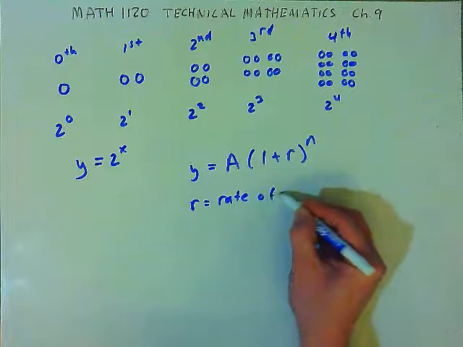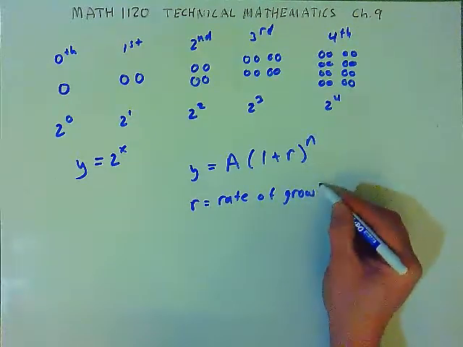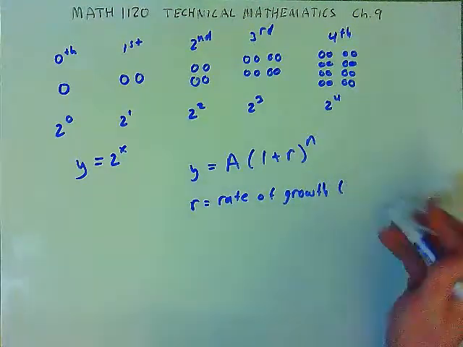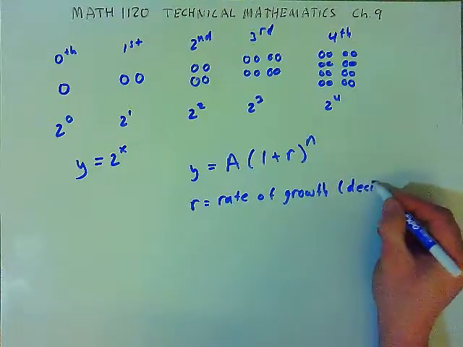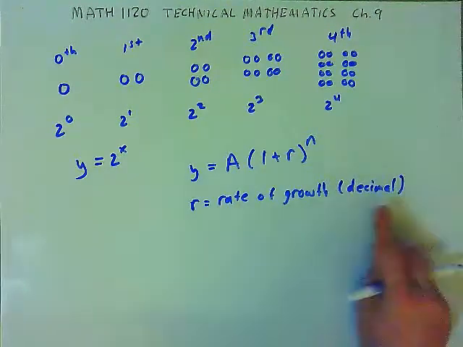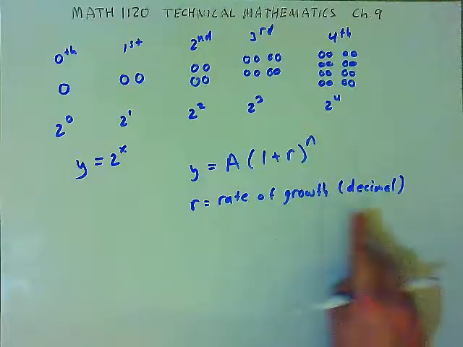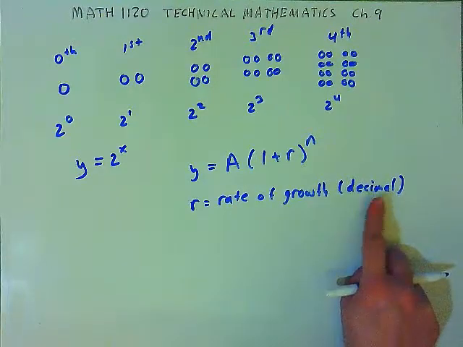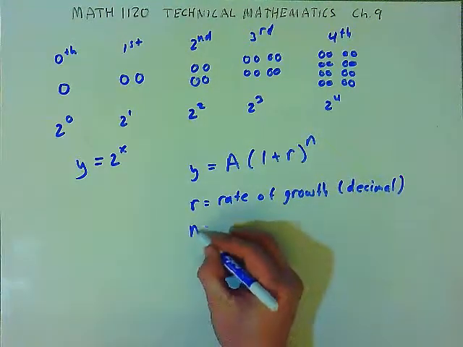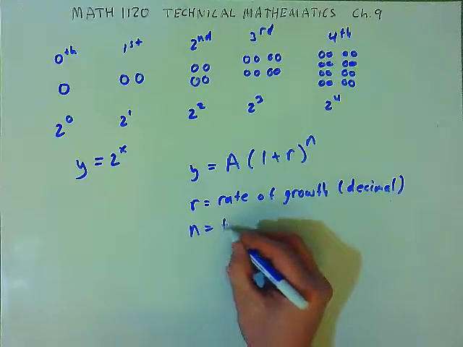The rate of growth. We want to make sure that that's in a decimal form. So a lot of times it'll be given to us as a percentage. We want to make sure that we express that as a decimal, not a percentage. N, the exponent, is the time interval.